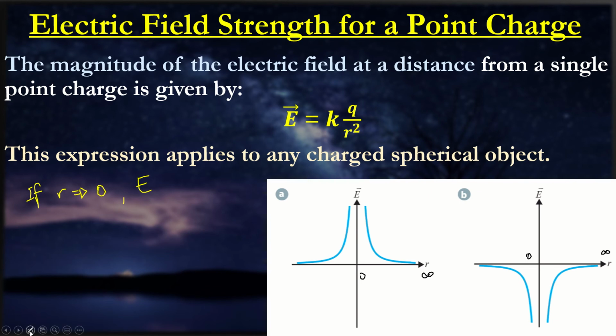And as the radius gets infinitely large, so we're going further and further away from the center of the particle, the electric field strength goes to virtually 0. So that's the relationship that we are seeing here.